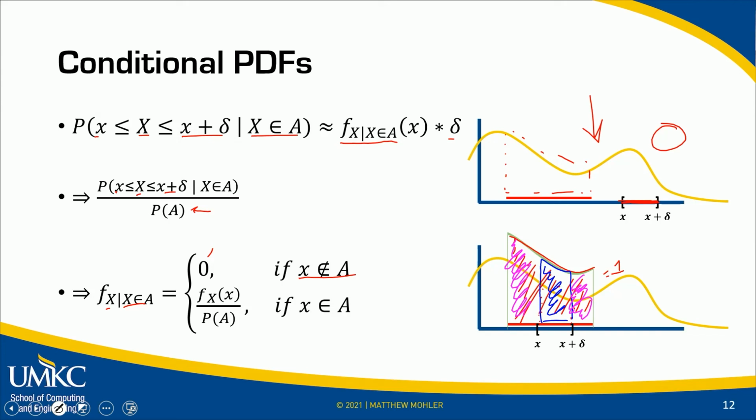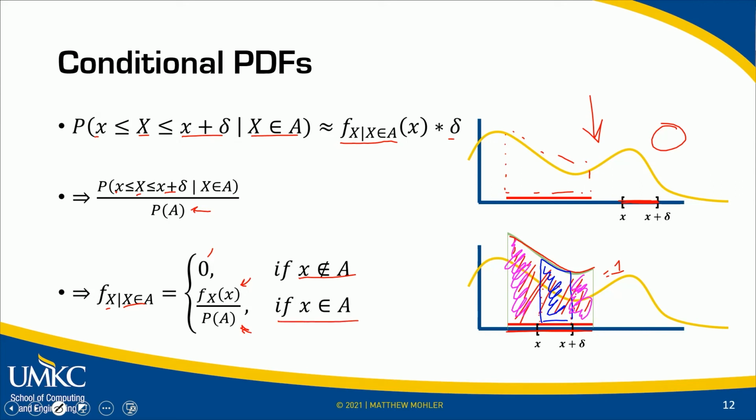The other side of it is that it's just the probability density function of x again, but we're going to divide by the probability of the event A. We're going to divide by this total probability here in order to scale that total probability density function. And this is only valid if x is an element of A.